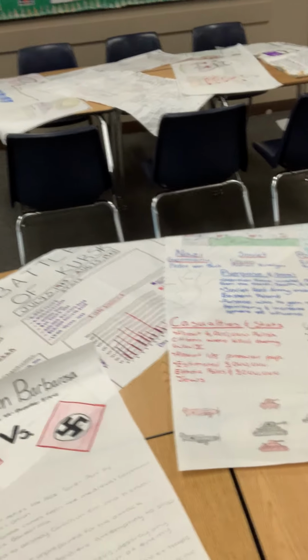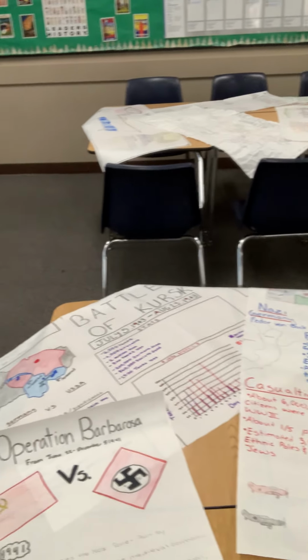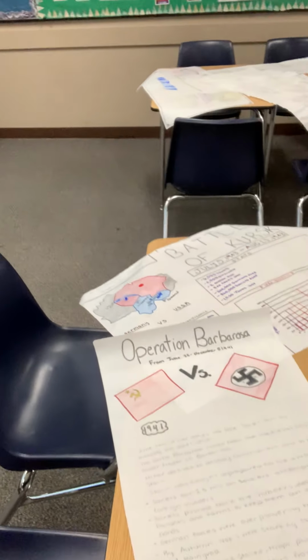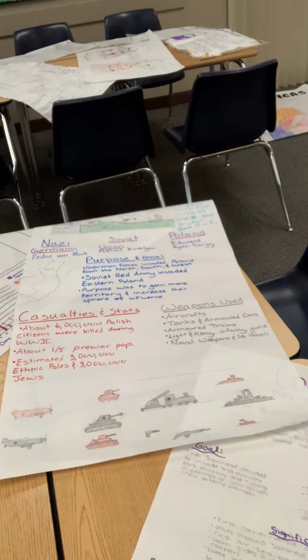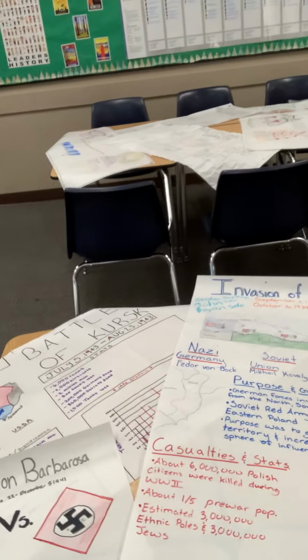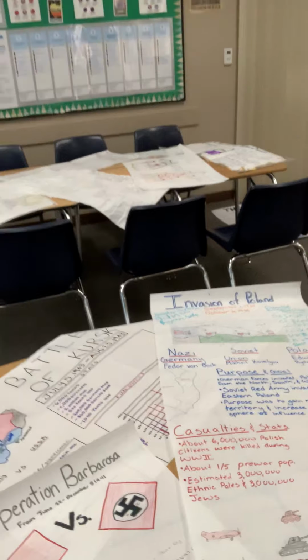And then one of the things we did to look at the battles was each group of students chose a battle, like Coral Sea or the invasion of Poland, and then they researched that battle.